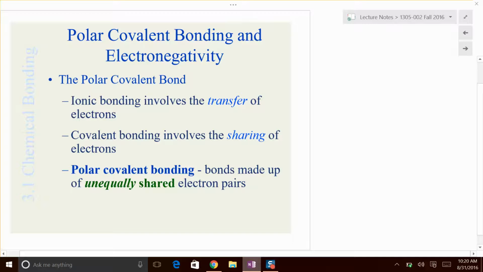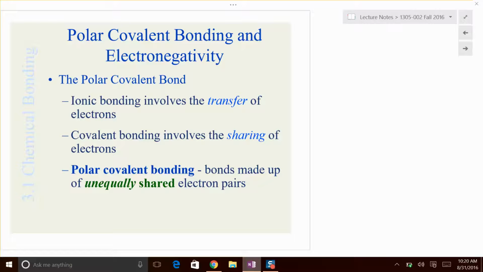Okay, electronegativity, like I talked about, can create a situation where you do have an unbalanced sharing of electrons. So fluorine has a higher electronegativity than hydrogen.